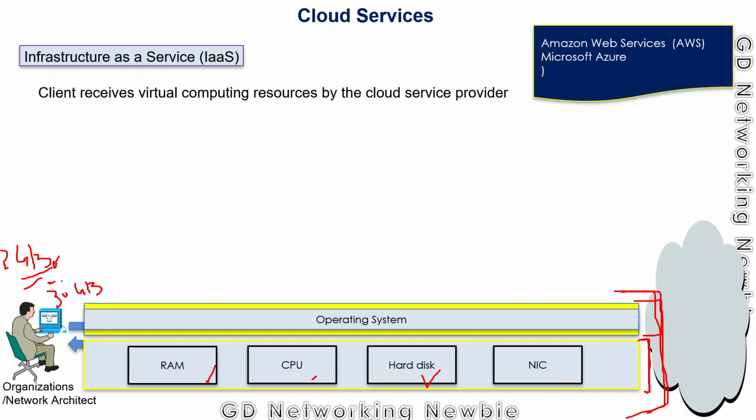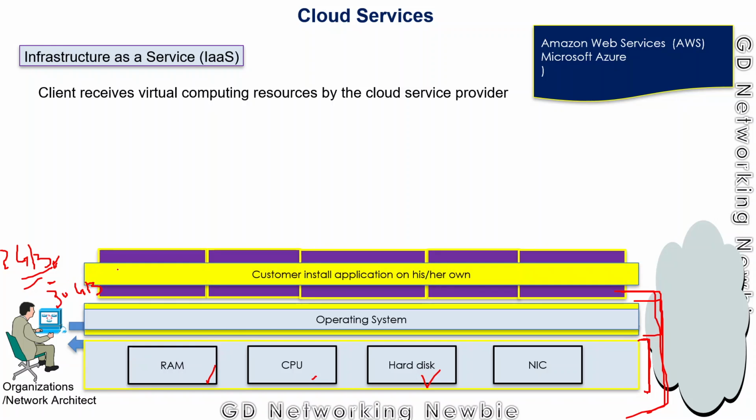And then on top of that, the user can install any application he or she wants. Now it has the complete platform, and it can install any application, maybe a simulation program or anything which needs extensive resources. So the client actually receives virtual computing resources in this case.